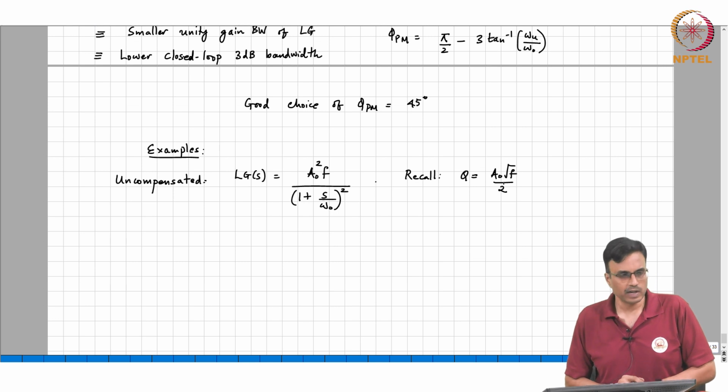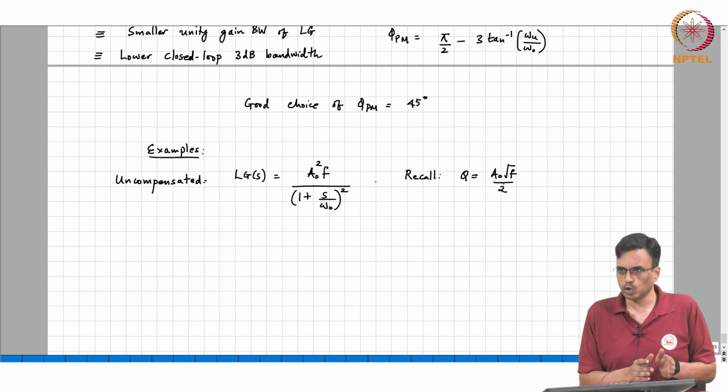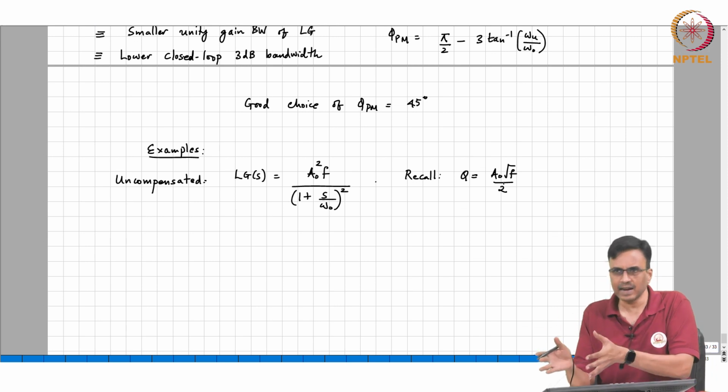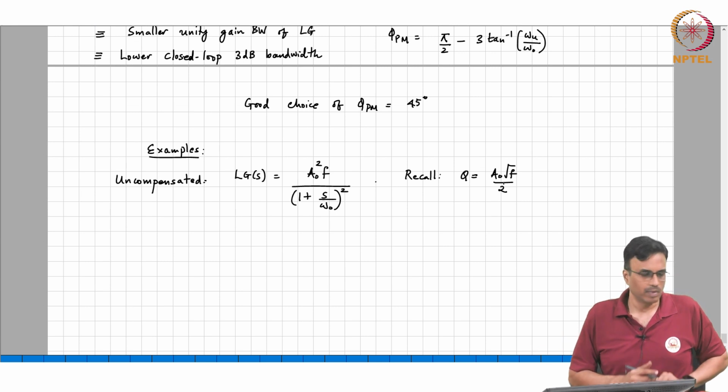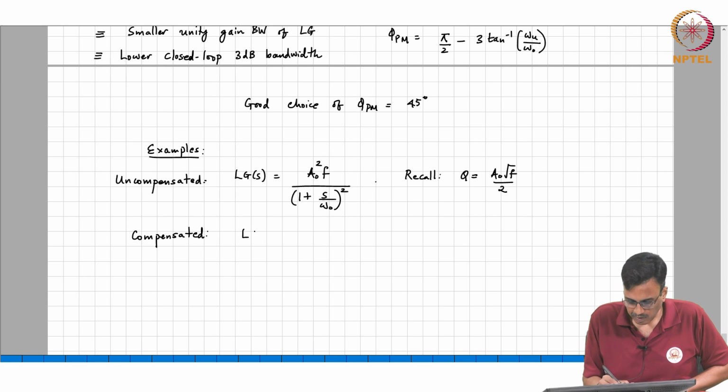So, what did we say? We are going to introduce a dominant pole. Rather than introducing a new pole which is much lower, it is actually easier to take one of the poles which are already existing and make it much much smaller. So, basically say the compensated system is A naught square f times 1 plus s over omega d over 1 plus s over omega naught.